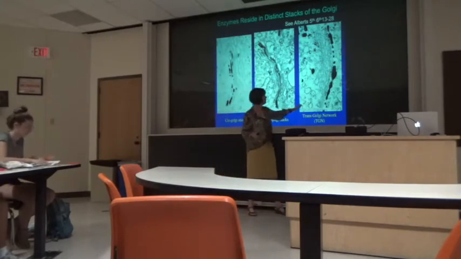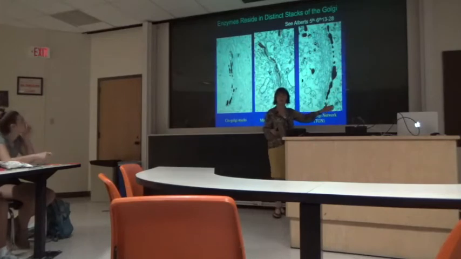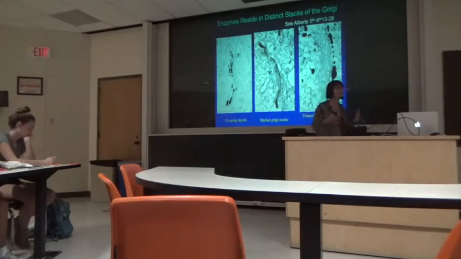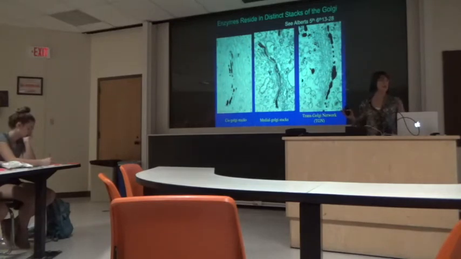And then the trans Golgi network has yet another set of enzymes. And again, this makes this assembly line of making very complex proteins in the secretory pathway possible, because synthesized proteins hit these enzymes step by step in a very systematic way.